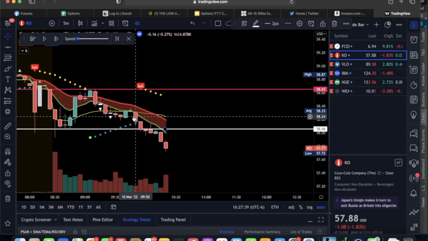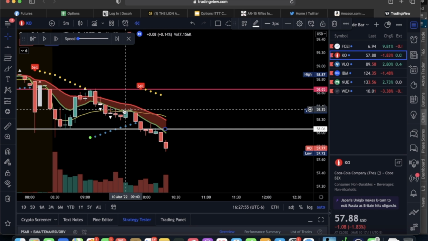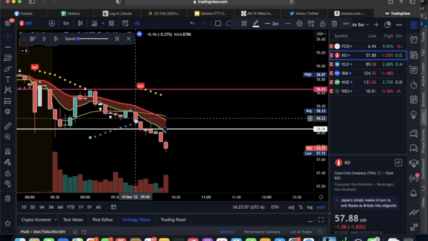And if we're following the retest and the breakdown, we would have gotten in right here. If you're following the candles and how they hit the support from the day before, you would have gotten in right here. If you'd have just relied on the PSAR, you would have gotten in right here. It's not an awful place to get in, but that can be 25% difference in some cases.